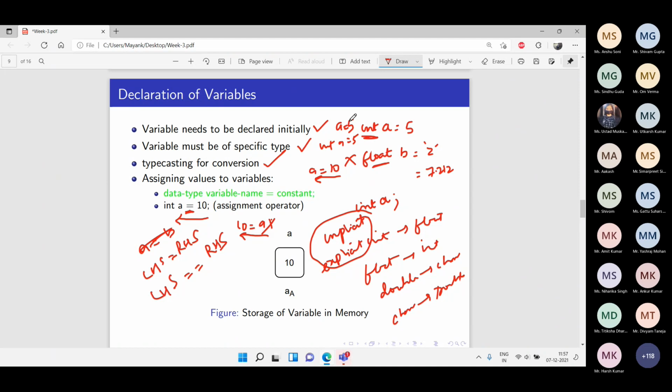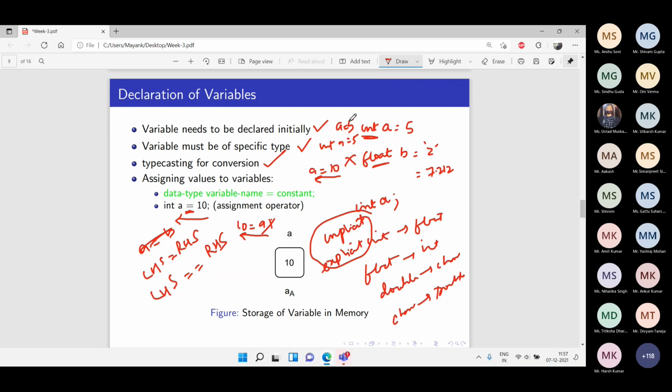Sir, are there some identifiers that are not variables? No, it's not like that, but both are not equal. Variables are a subset of identifiers. There are other subsets also. We'll be coming to it.